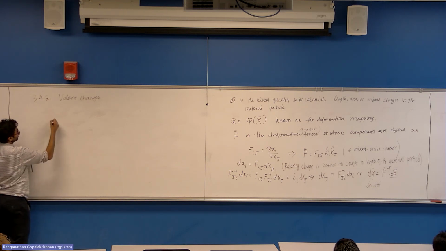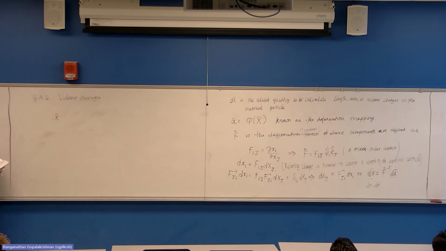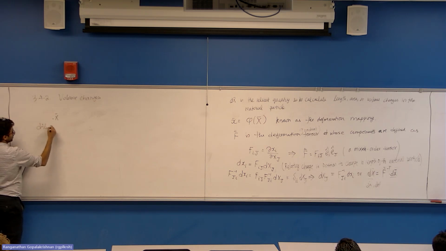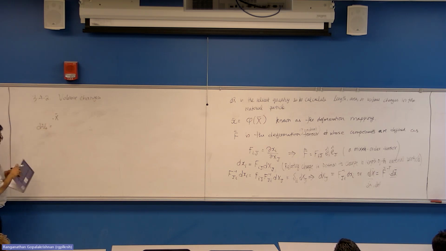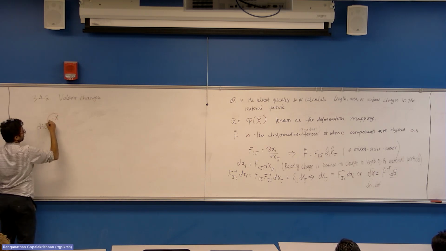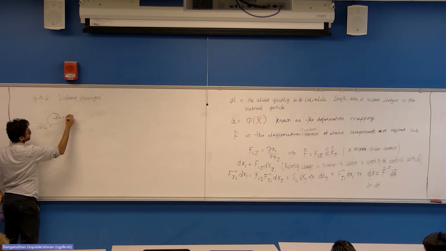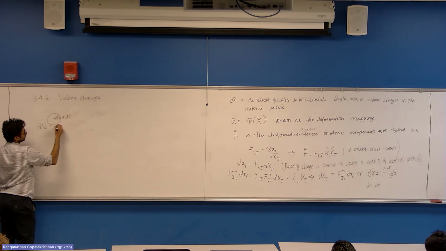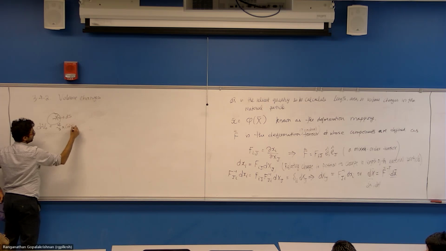So if you take any particular point, okay, let's say it is designated by a material particle, the change in volume around that point, dV naught, can be written as, so if you can draw a sphere around that and say that this little point has been deformed by a distance ds, this is equal to 4 by 3 pi ds cube.